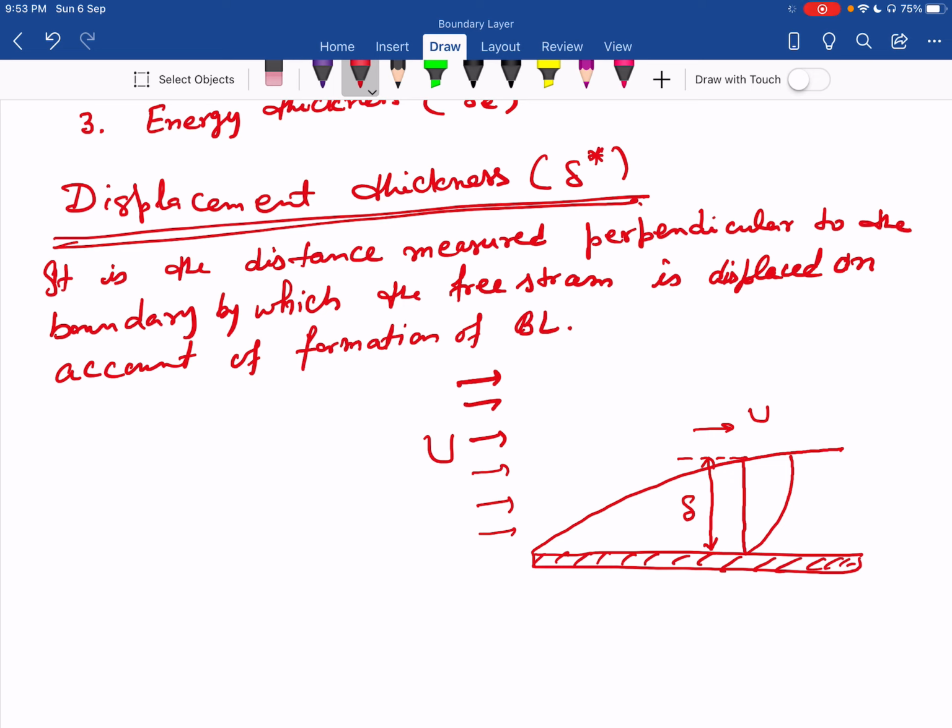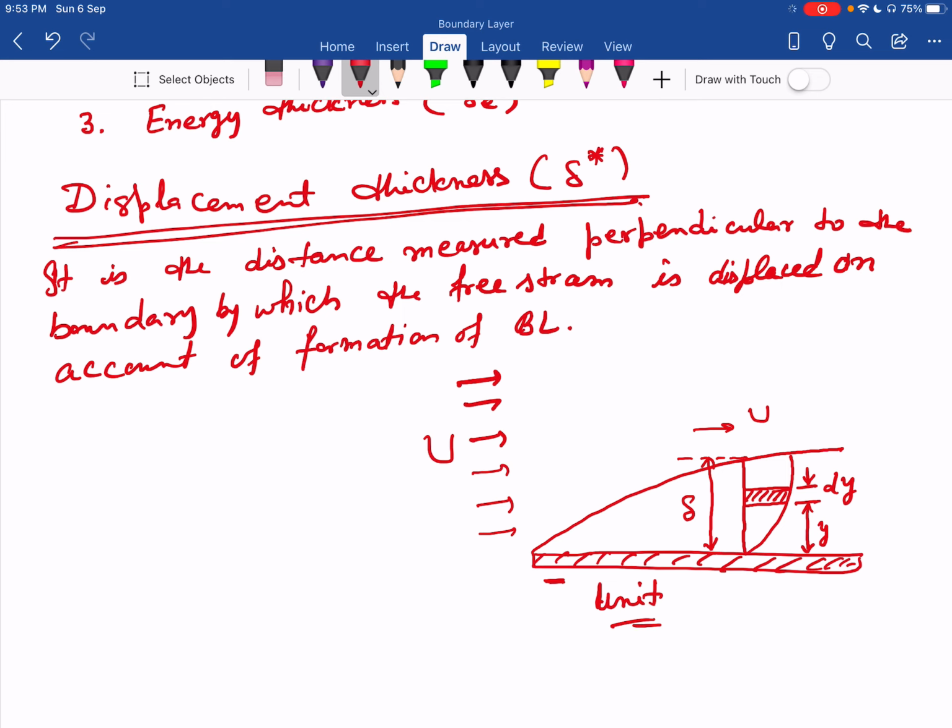Now I consider some very small part of this flow, which is at distance y from the plate, and the thickness is dy. Let us say this plate has unit width in the plane perpendicular to your screen.